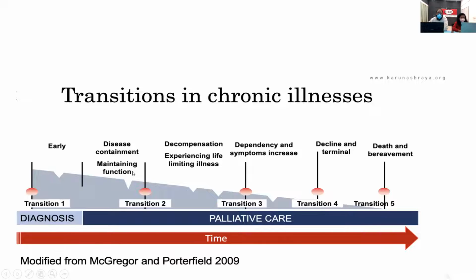Then the decompensation, where the patient will start experiencing life-limiting illness issues, and thereafter he will go into dependency, and the symptoms will increase, going to decline and become terminal, and death and bereavement. So as you notice, palliative care starts right after the diagnosis.